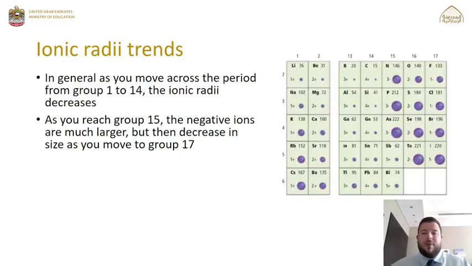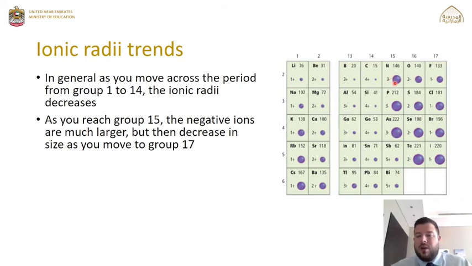And I've got a diagram here, and hopefully this illustration will help you understand what I've just been talking about. So we've cut out the middle section, but we've got groups 1, 2, 13, 14, 15, 16 and 17. As we go across this period from group 1, 2, 13 and 14, you will see that this ionic radii is getting smaller and smaller. Now when we get to group 15 it becomes a negative ion and it increases in size hugely.